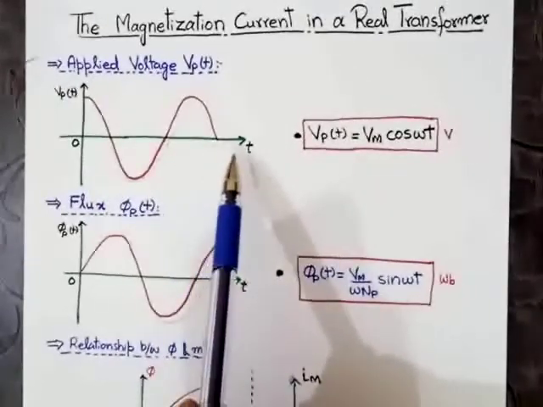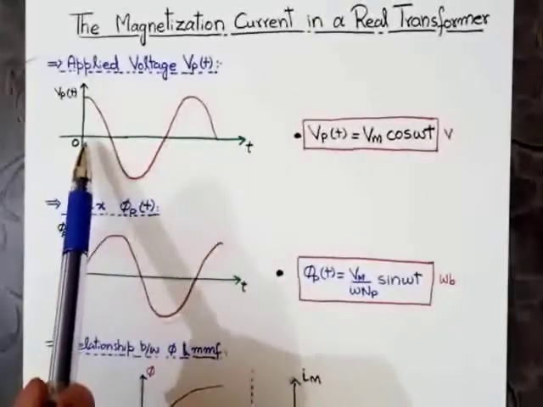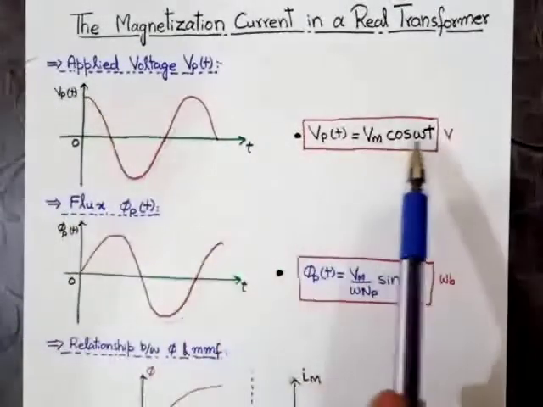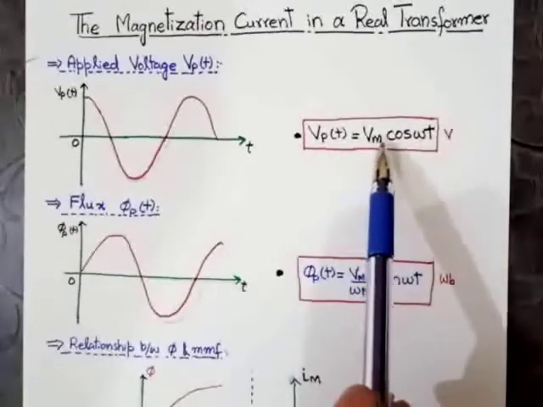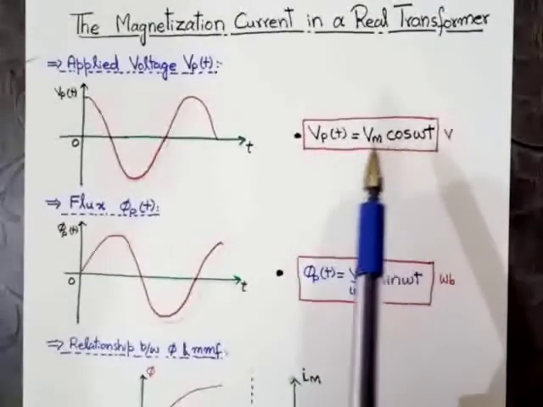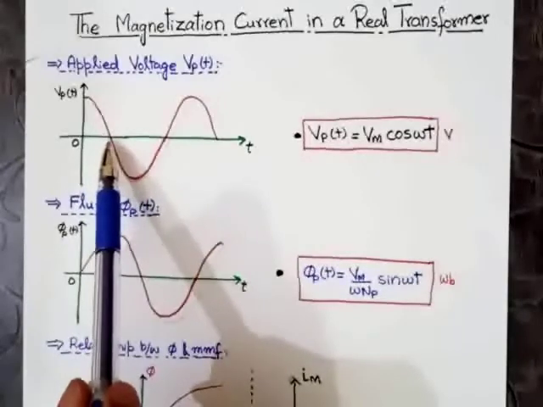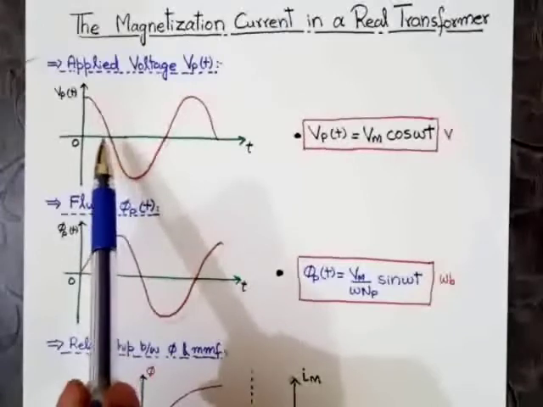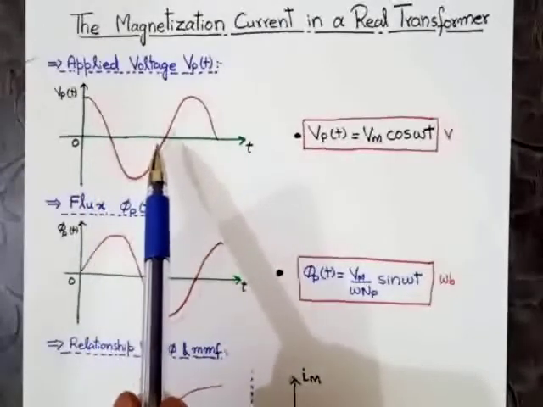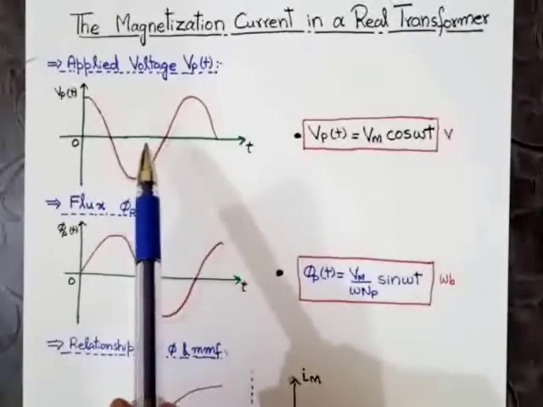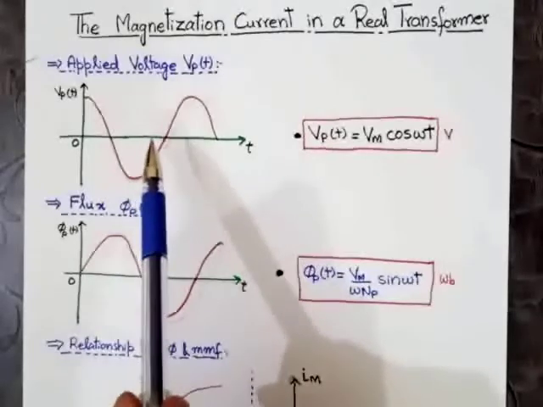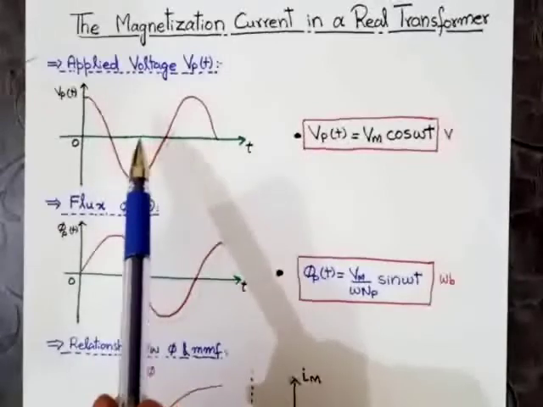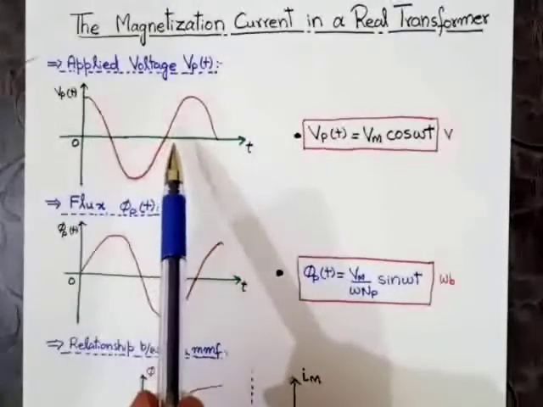So therefore, at time t equal to 0, the value of the Vpt will be maximum, and at the angle of 90 degree, the value of the Vpt will be minimum, that is 0. And similarly, at 270 degree, the value of the Vpt will be 0 as well. This is the waveform of the applied voltage.